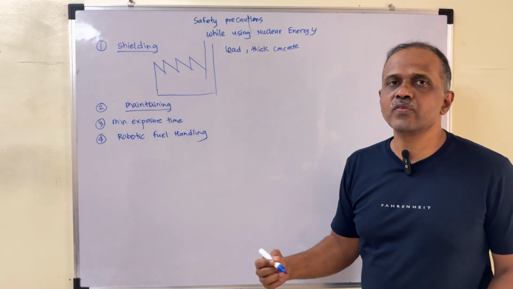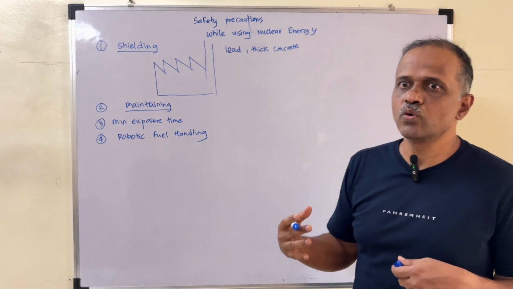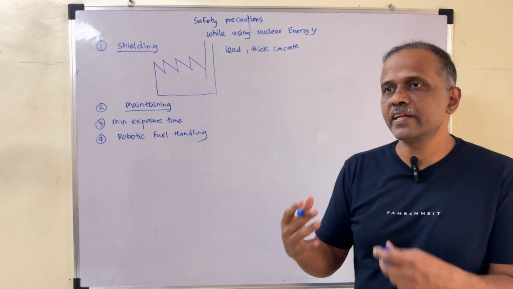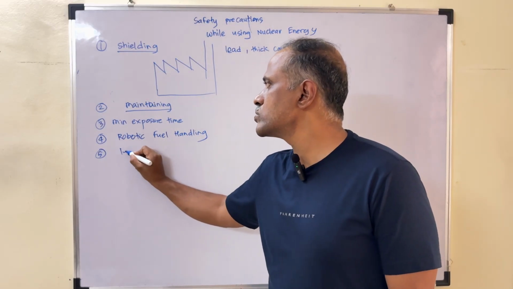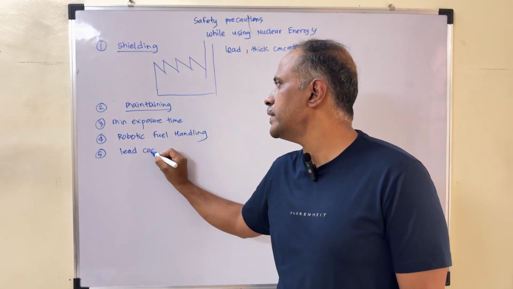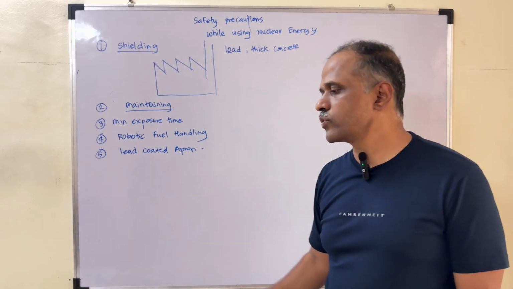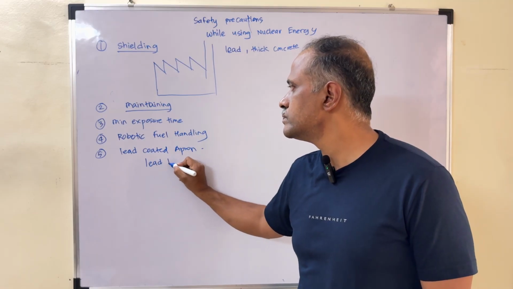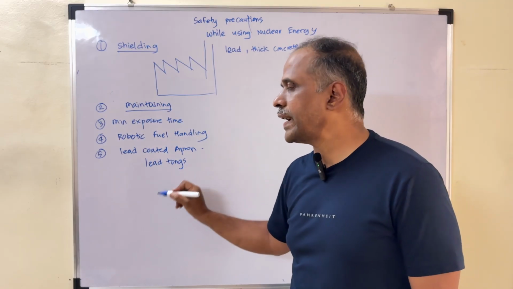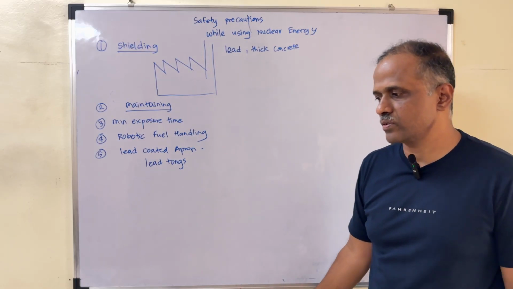But if in certain cases some personnel have to go near the fuel, then they have to use lead coated aprons and lead tongs for handling nuclear fuel or nuclear waste or something of that sort.